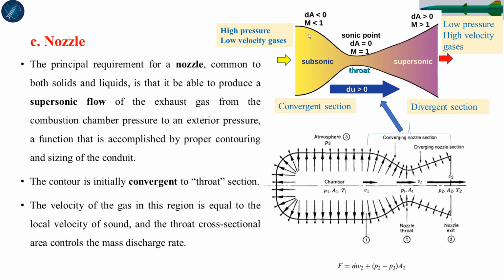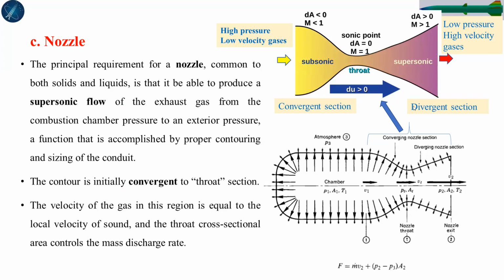Mach is less than 1 here, okay? Because there is high pressure, low velocity, high pressure region. This is the transonic or sonic point, you can call it the throat. And then this is a high velocity, low pressure region, so Mach is greater than 1.